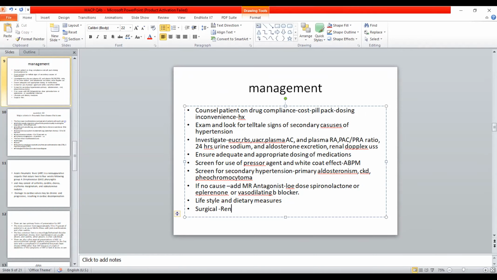When they looked at the inclusion criteria properly, they realized that patients who are a bit younger, with less comorbidity, and in whom you cannot even find a secondary cause, who are having resistant hypertension, if you do renal nerve denervation, this group tends to have a better outcome than the group that did not have renal denervation. Thank you.